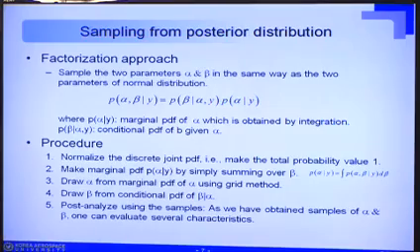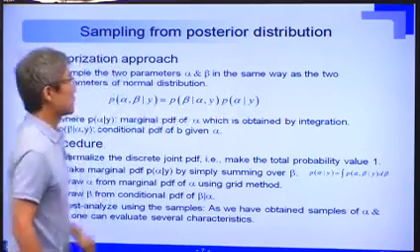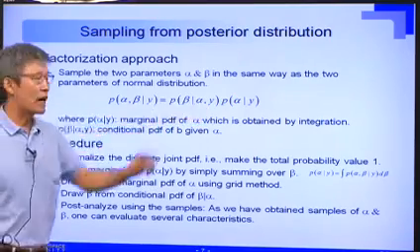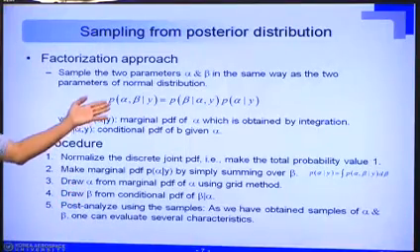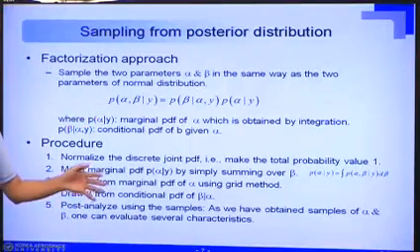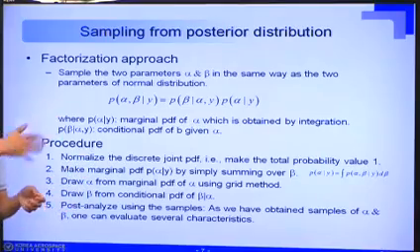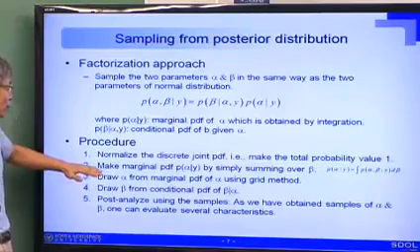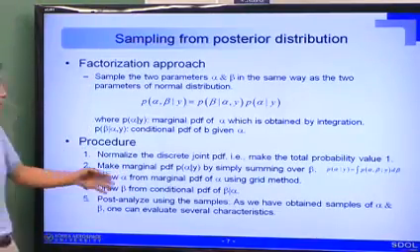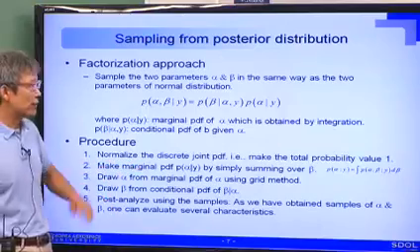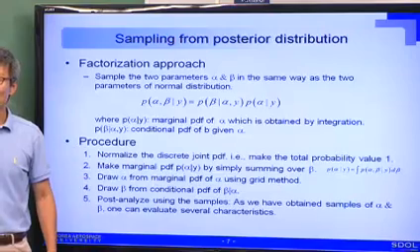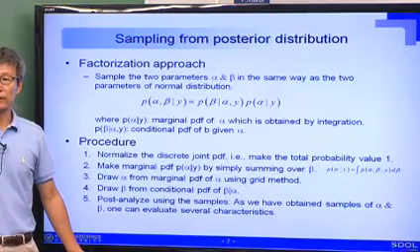Next, in order to do this process, we have to make a marginal PDF, which is only a function of alpha. And we have many function values over the two-dimensional grids already. In order to make the marginal PDF using that information, it is very easy. To make the marginal PDF in the analytical way is very difficult.